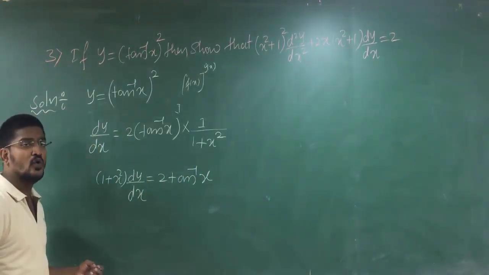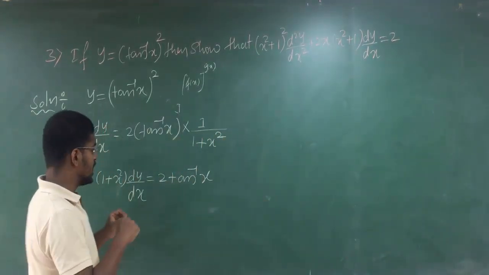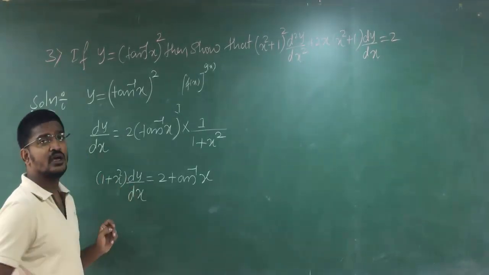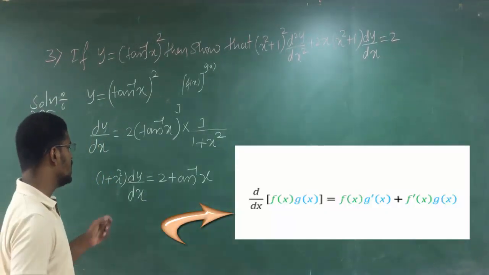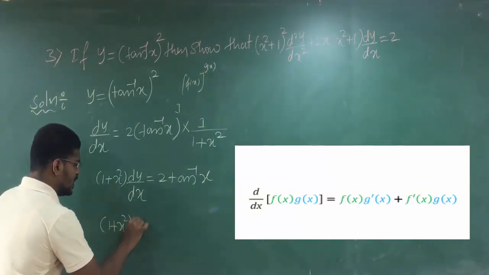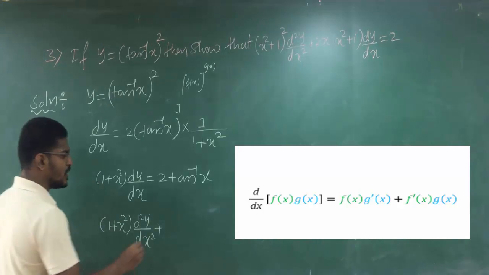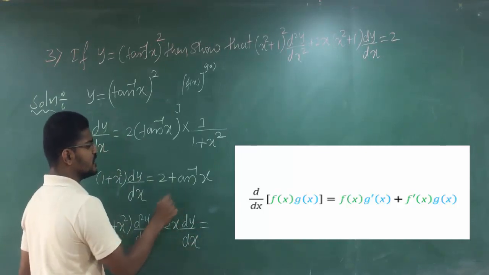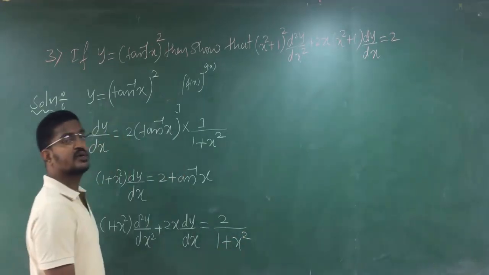So next, what do we have to do? See, again you have to differentiate because this is of second order. For that reason, again you have to differentiate, as it is in the form of u into v. So you have to apply the product rule to differentiate. It will be what? (1 plus x square) into d square y by dx square plus, now you have to differentiate 1 plus x square, it will be 2x into dy by dx, equal to, here you differentiate tan inverse x, it will be 1 divided by 1 plus x square.